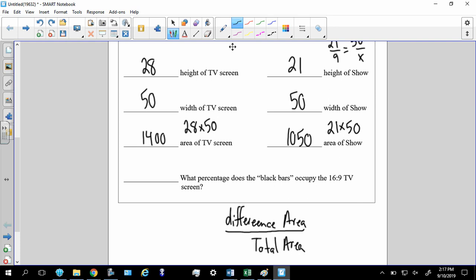Now what that looks like is, we'll do this in red so it stands out. The difference of the areas is 1400 minus 1050. Divide that by 1400. All right, so I'm going to write over here because I ran out of room. That would be 350 divided by 1400, and you get 25%. Very, very simple. All right, next question.